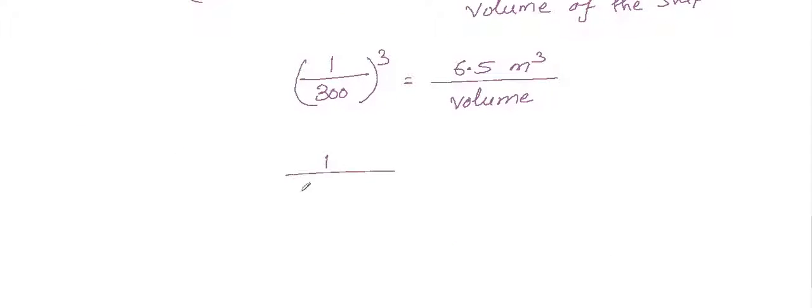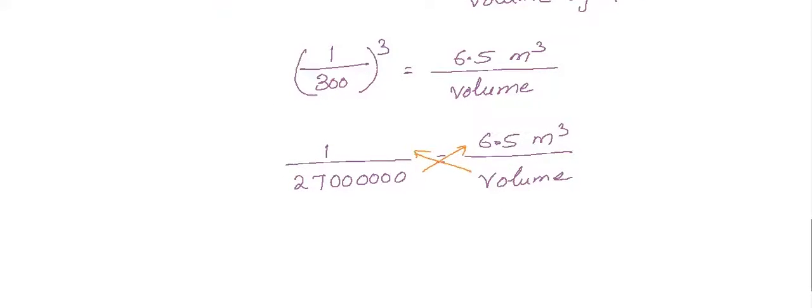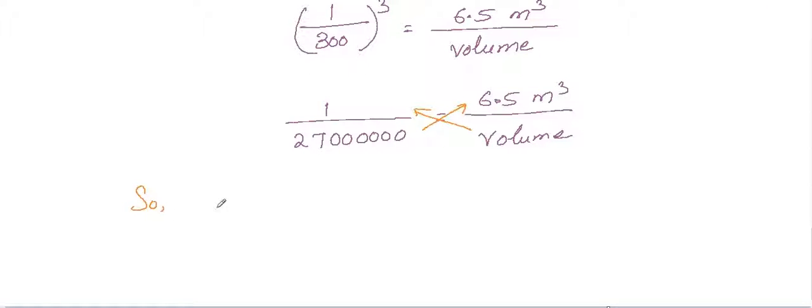So 1 by 300 whole cube becomes 1 cube will be 1, and 300 whole cube will be 2 crores 70 lakhs, equals 6.5 divided by the volume of the ship. So just cross multiply and find the volume.